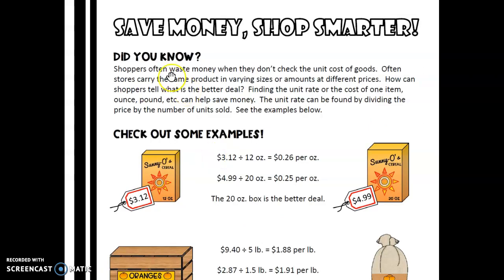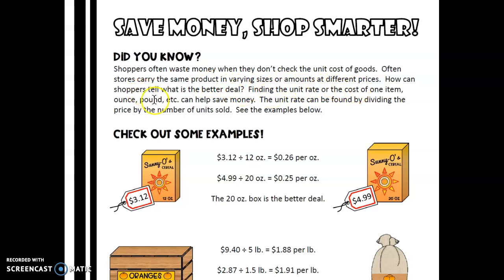Here's an example. Save money, smart shopper. Now, I didn't say it was good, but it's an example. And here's their example. It says, did you know? Shoppers often waste money when they don't check the unit cost of goods. Often, stores carry the same product in varying sizes or amounts at different prices.